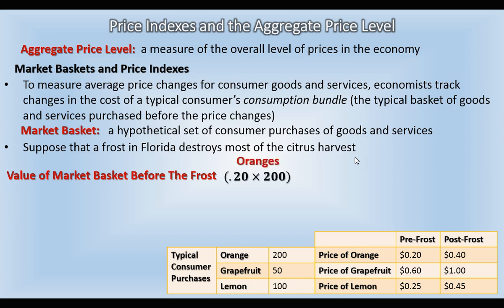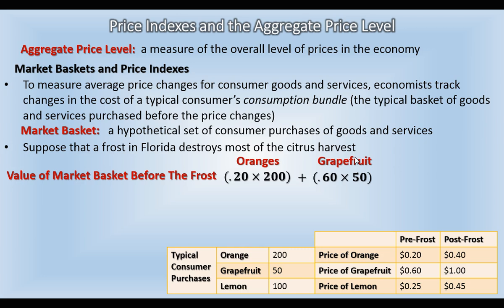So here is the value of the basket. Let's say that the market basket is just made up of these three fruits. The value of the market basket before the frost is, again, 200 oranges times the price before the frost of oranges, which is going to equal $40. And then we've got the amount of grapefruits typically bought at the old pre-frost price.